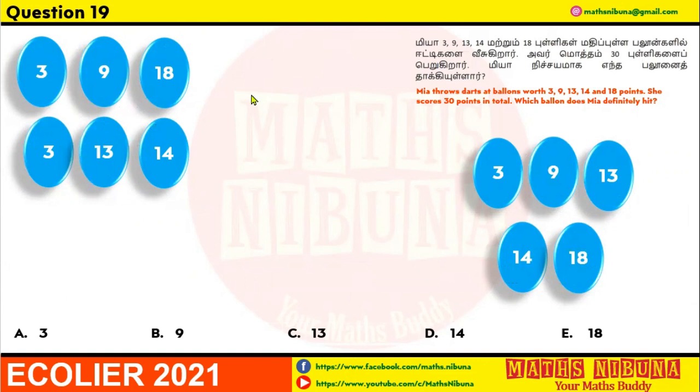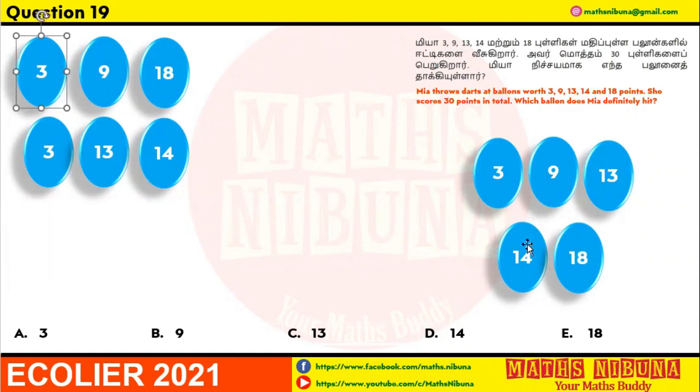So if she wants to score 30 points, the 3 must be in both. Without this 3, she cannot make 30 points. So she must have a 3 to make 30 points. The question is, which balloon does Mia definitely hit? Without hitting the 3, she cannot get 30 points.